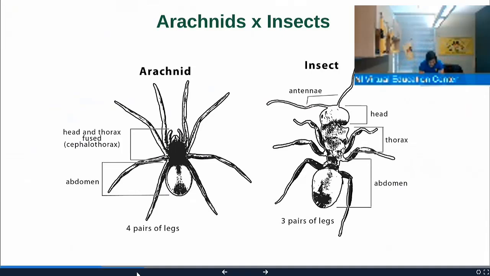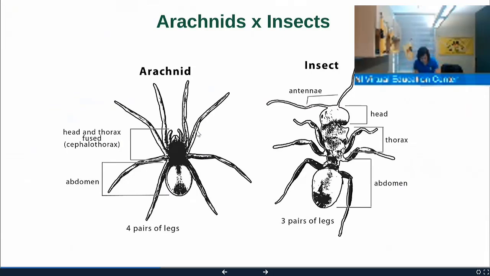So arachnids, they have 4 pairs of legs. Attention, it's in your evaluation. 4 pairs of legs. The head and thorax are fused, so they're together in what we call cephalothorax. And they have 1 abdomen. So they have 2 body parts, 2 segments, and 8 legs.